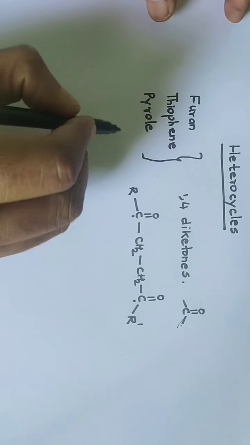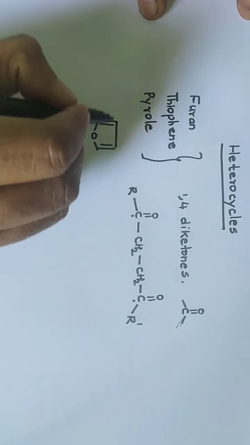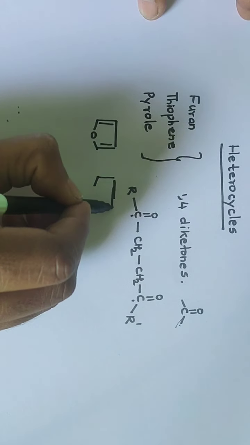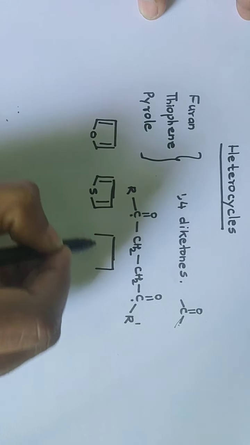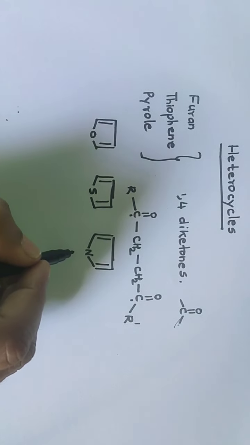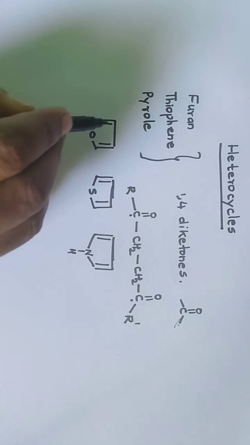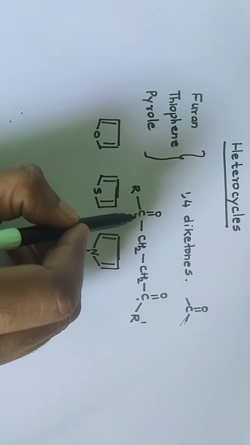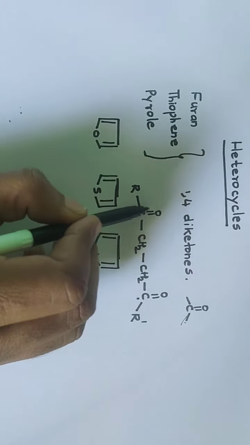Furan contains 4 carbon and 1 oxygen, thiophene contains 4 carbon and 1 sulfur, whereas pyrrole is a 5-membered heterocycle with 4 carbon and 1 nitrogen. So we require a precursor or starting material which contains 4 carbon. That's why we take 1,4 diketone.